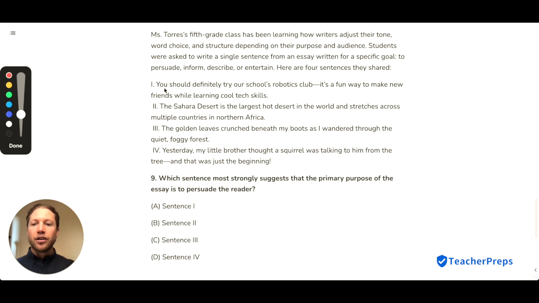So sentence 1 reads, you should, and just right there, that seems pretty persuasive to me. You should definitely try our school's robotics club. Okay, I'm going to pause there. Number 2 reads, the Sahara Desert is the largest hot desert. That's more informational. Number 3 reads, the golden leaves crunched beneath my boots.